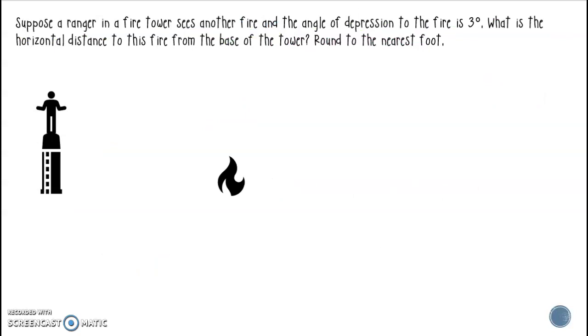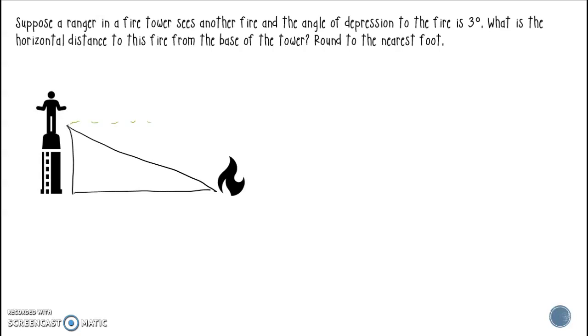A ranger in a fire tower sees another fire and the angle of depression to the fire is 3 degrees. What is the horizontal distance to this fire from the base of the tower, round to the nearest foot? So I have a fire spotter. The angle of depression to the fire is 3 degrees.